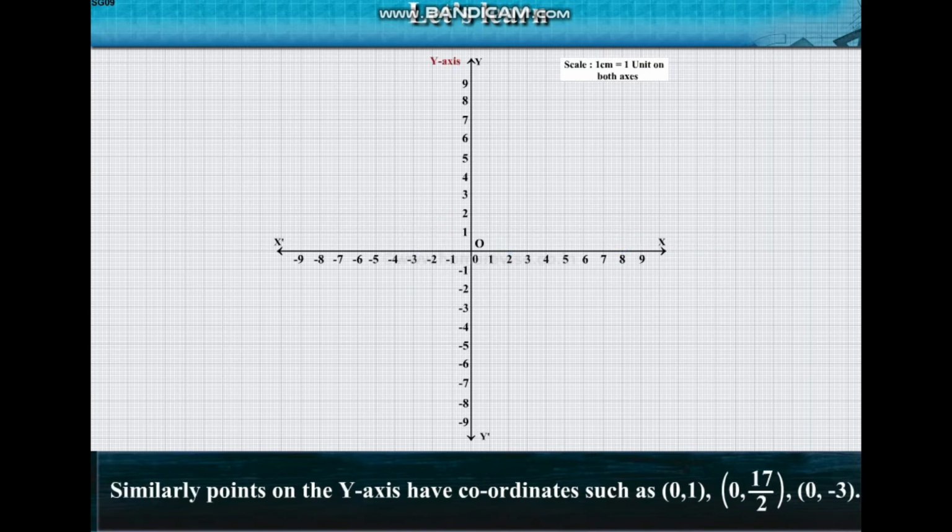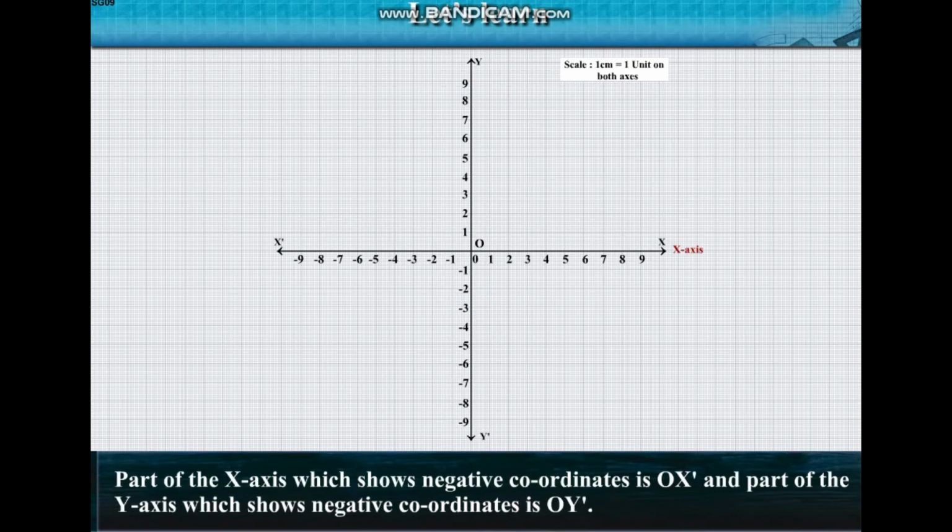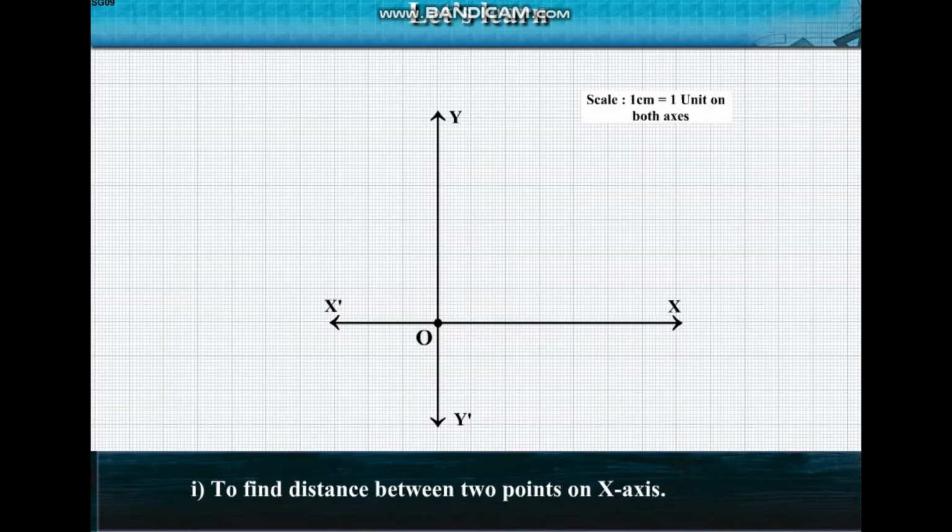Similarly, points on the y-axis have coordinates such as (0, 1), (0, 17/2), (0, -3). The part of the x-axis which shows negative coordinates is OX', and the part of the y-axis which shows negative coordinates is OY'.